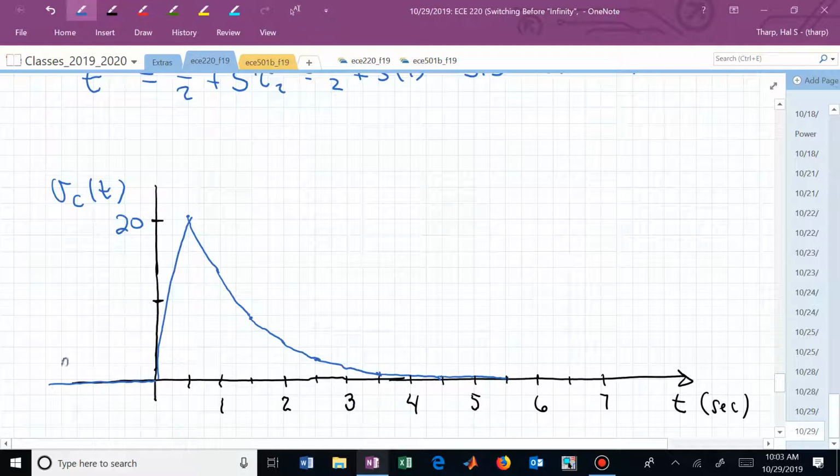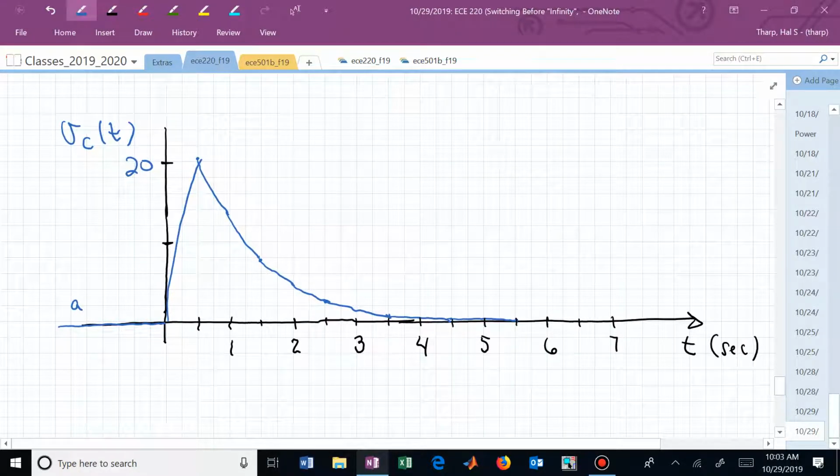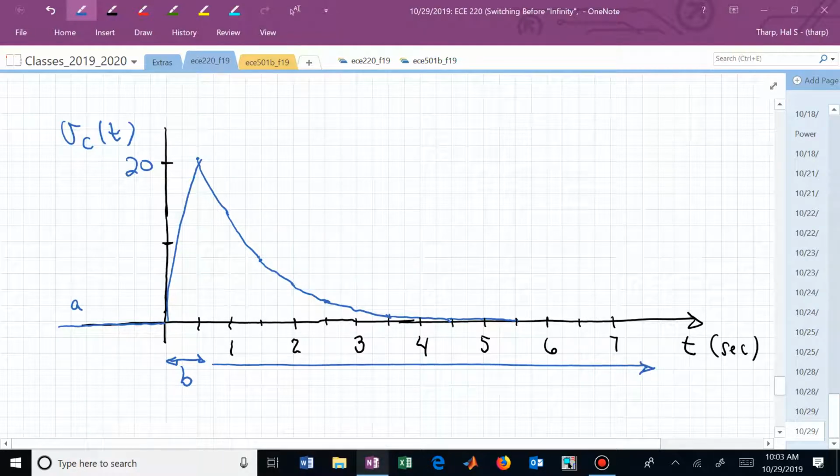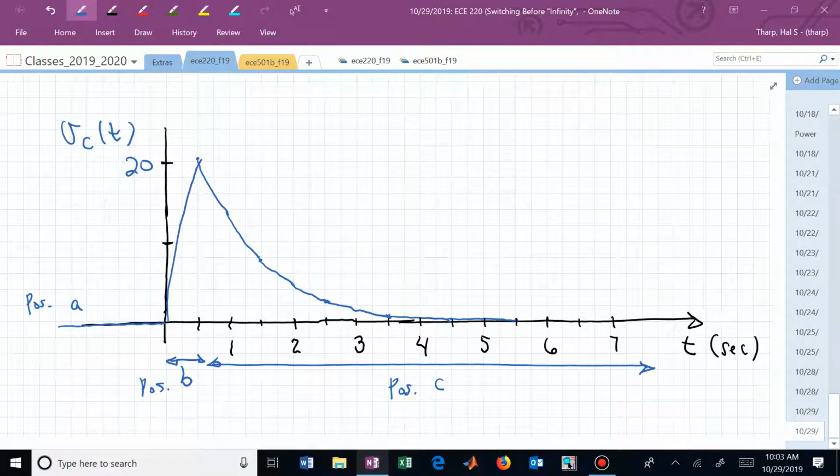In A. So here was A. Here was position B. And here is position C. We're trying to show all of those operating states of our RC circuit. And each of those positions we could analyze by an RC analysis. Did that answer? So we're showing the entire waveform in all 3 switch positions.